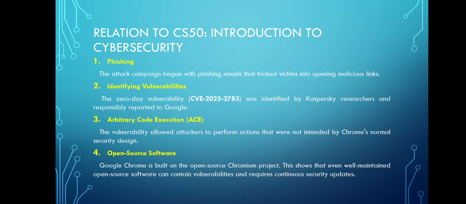Third, it relates to arbitrary code execution because the exploit allowed attackers to perform actions that were outside Chrome's intended behavior. Finally, since Chrome is built on the open source Chromium project, this incident also shows that even well maintained open source software can contain vulnerabilities and therefore requires continuous security updates and security research.